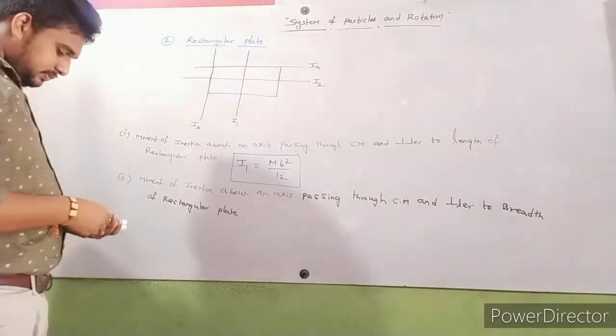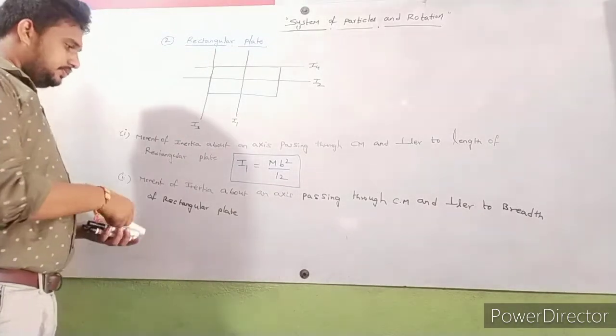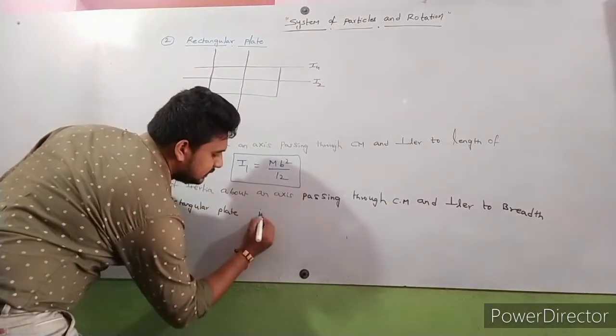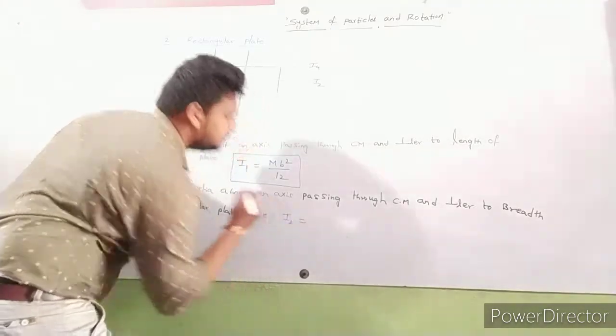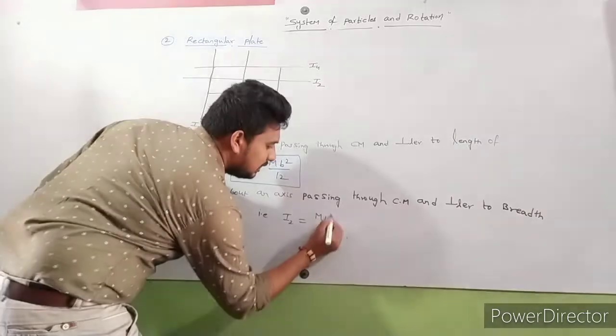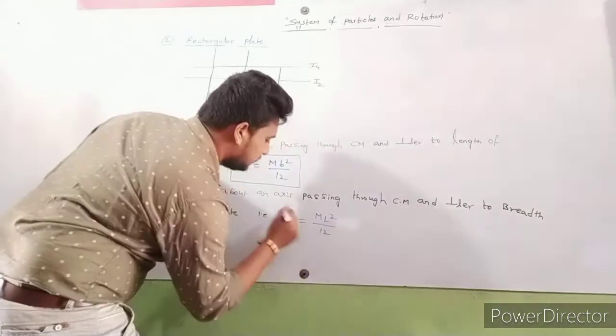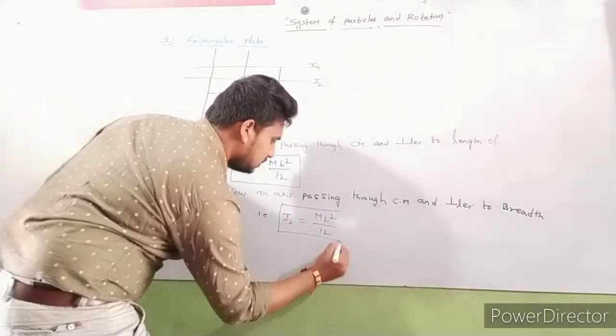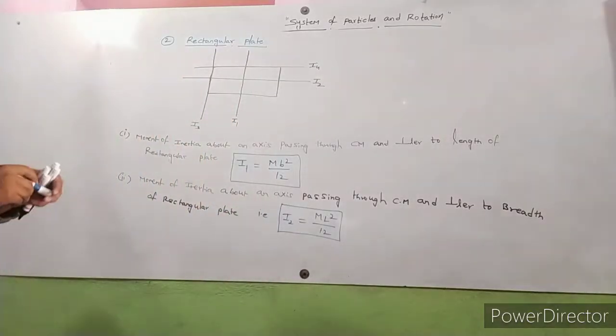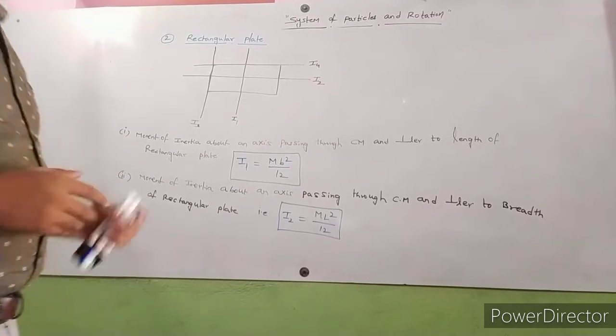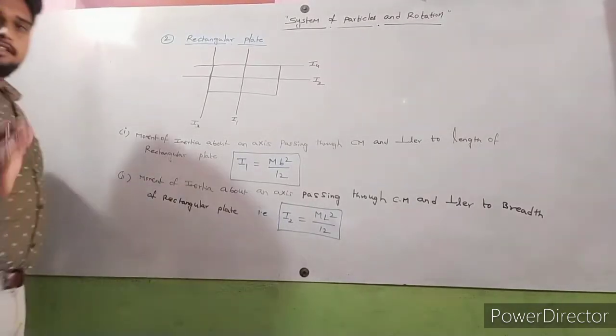That is equal to I2 is equal to ml square by 12. Okay. Dear student, here small thing.